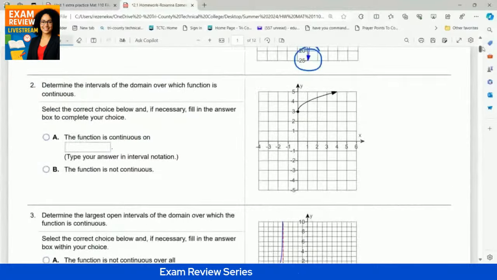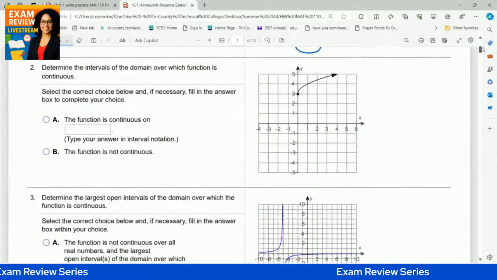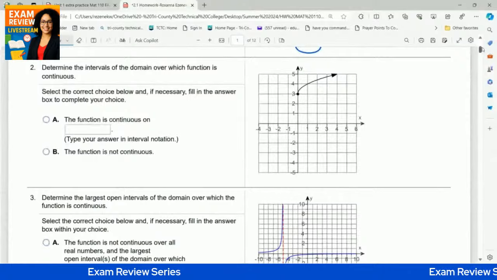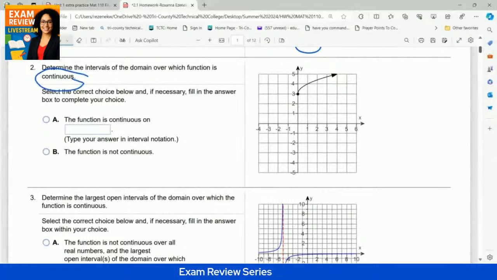Determine the interval. You have to be careful. It says determine the interval of the domain over which the function is continuous. Now we come to continuous, so be careful. The function is continuous from 3 to positive infinity because 3 is included.